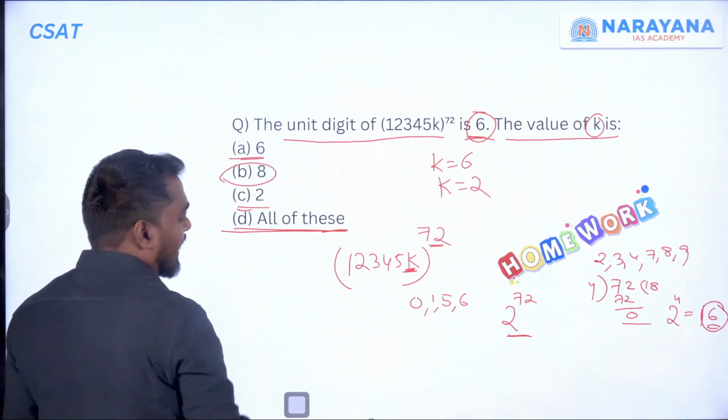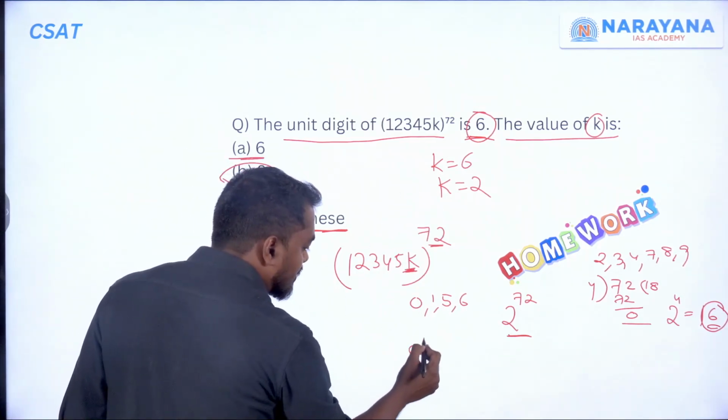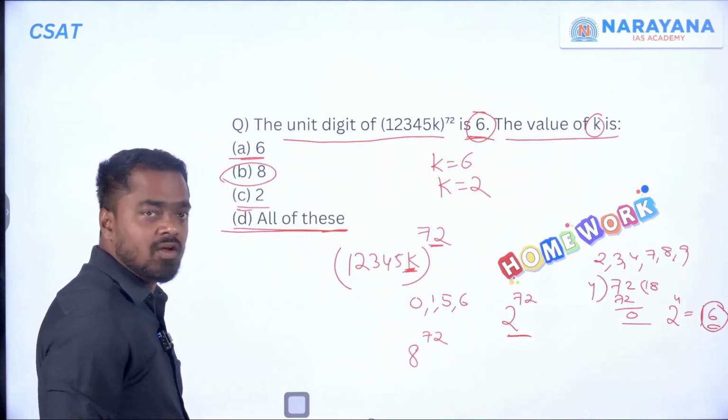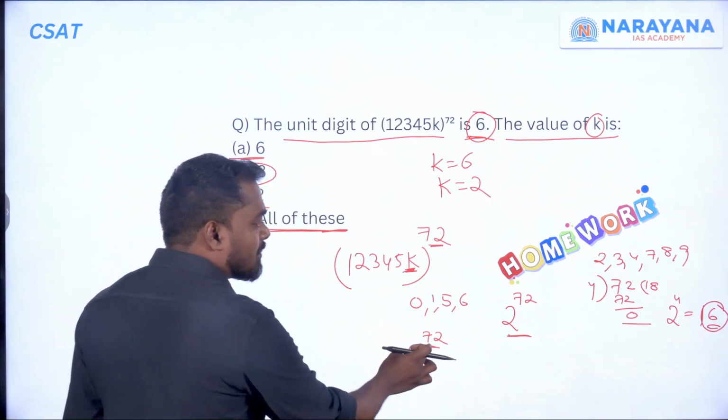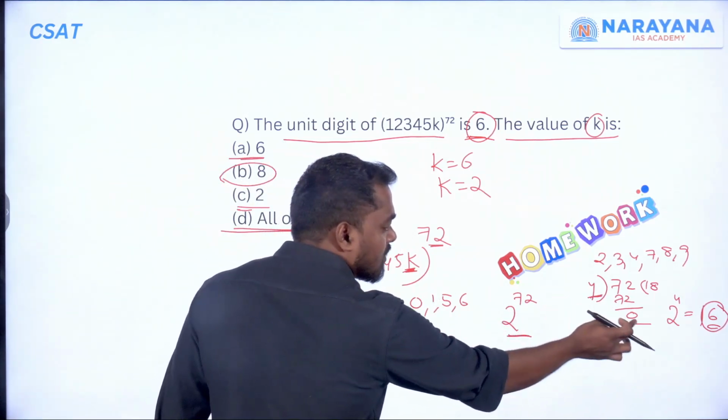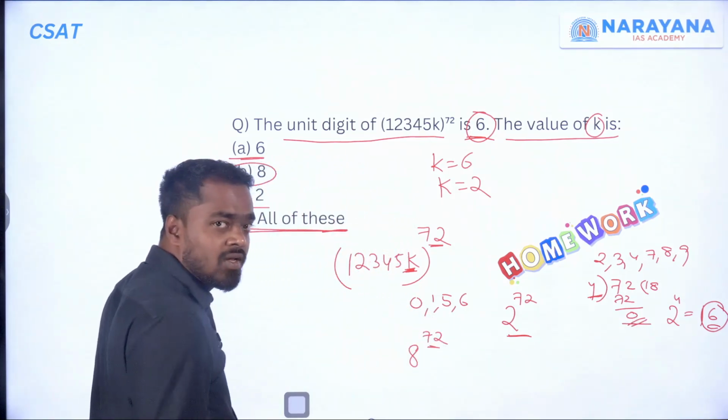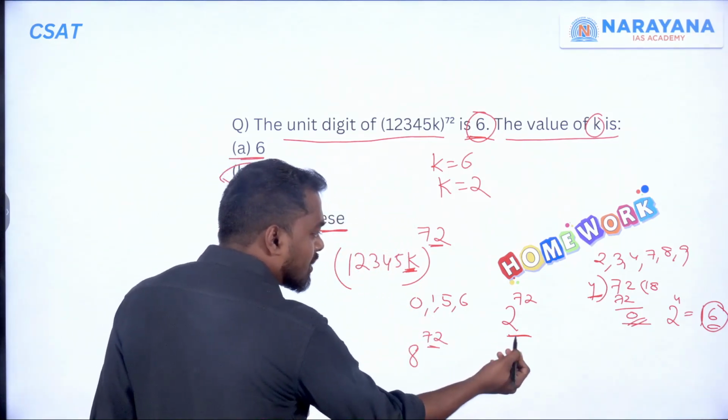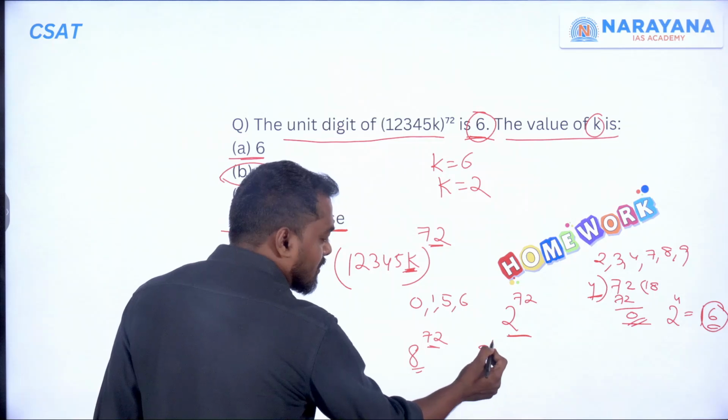Now if you check for 8 also, 8 to the power 72, what is the unit digit? Take the power, divide it by 4, you are getting a remainder of 0. Then the unit digit is z to the power 4, that is 8 to the power 4.